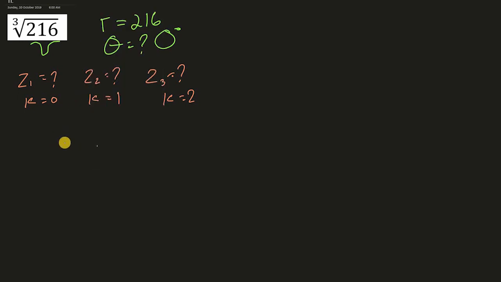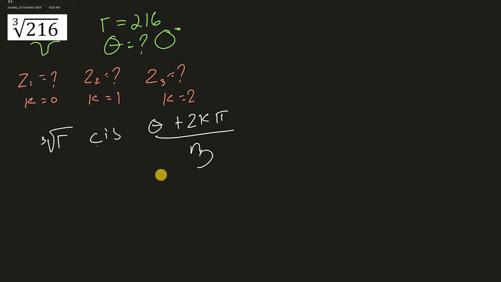Okay. So, the formula for that would be equal to the cube root of our R, CIS, theta plus 2k pi over n. N po is kung nasan siya na raise, which is, let's put that as 3. Okay? So, let's now solve for that. Z1 muna tayo.